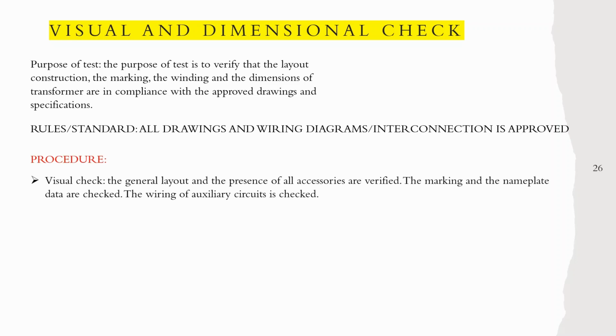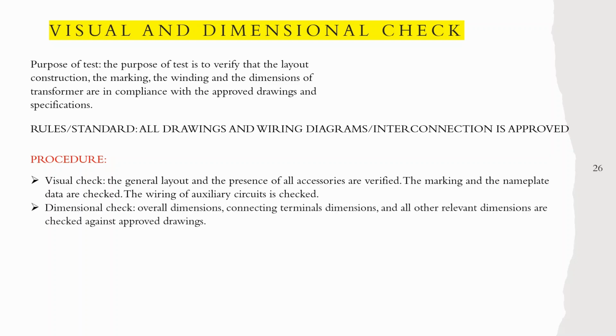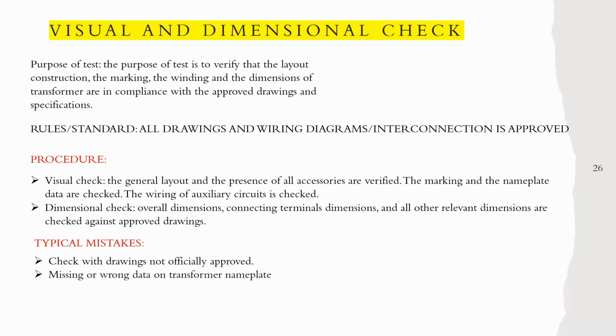Procedure: visually check the general layout, and presence of accessories is verified. Marking, nameplate data check, wiring, auxiliary circuit is checked. Dimensional check. So all of that. Typical mistakes, guys, during inspections: checking with drawings not officially approved; missing or wrong data on the transformer nameplate.